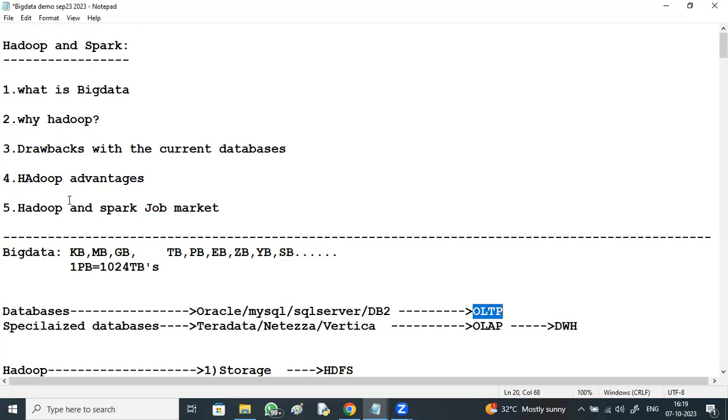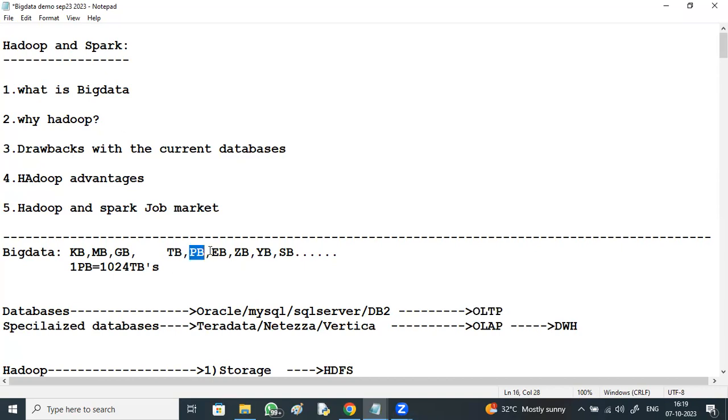Huge data, and even Google generates huge data, and YouTube videos also generate huge data. We need proper storage systems for storing it. Apart from this, bank transactions, telecom transactions, e-commerce sites like Flipkart, Amazon, huge transactions are happening. Huge data is getting generated everywhere. We say that as huge data, big data, right?